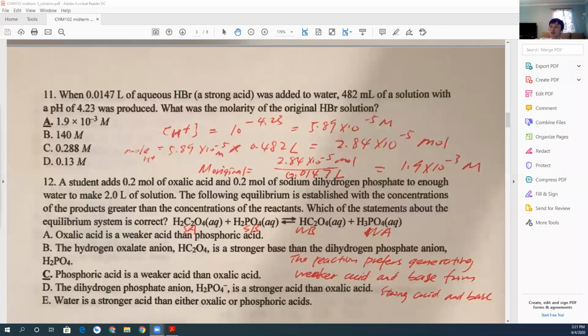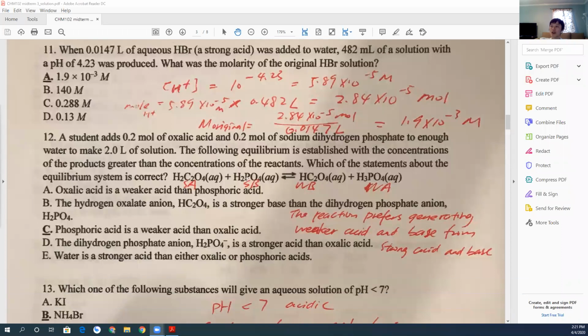Number 12. Again, you're comparing the strength of the acid and base based on the direction of this acid-base reaction. The rule is that the stronger acid and base will generate a weaker acid and base. In this question, it tells you that the concentration of the products is greater than the concentration of the reactants, meaning the reaction is preferred to the right-hand side.